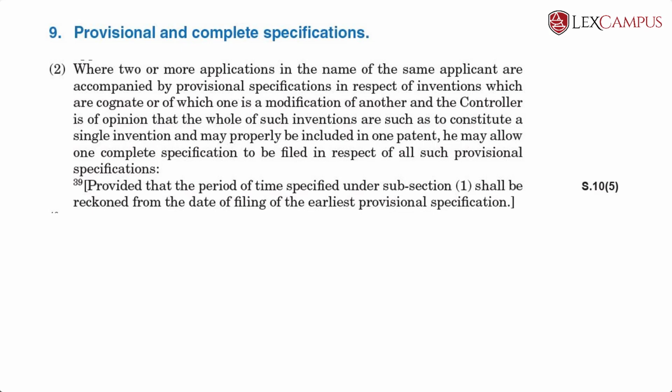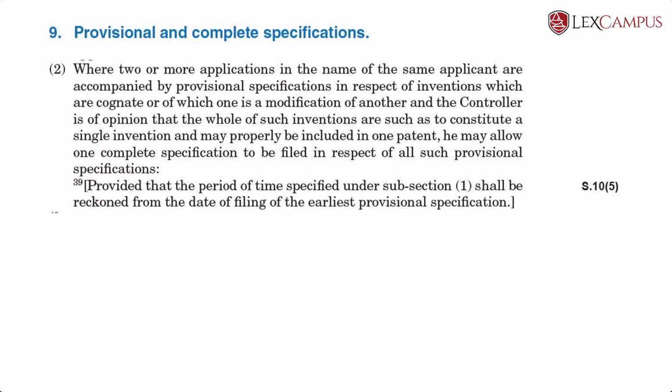The catch is the complete specification has to be filed within 12 months from the date of the first filed provisional specification. The Act calls it the earliest provisional specification. So, there could be a hypothetical instance where a person files a provisional specification in the month of January.